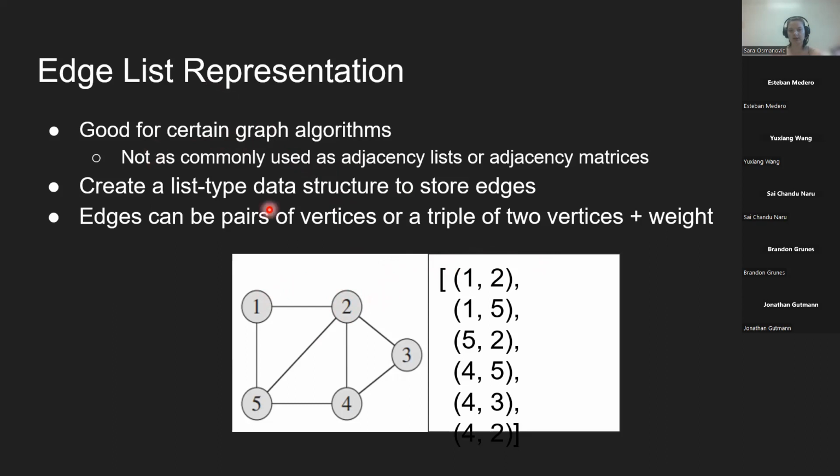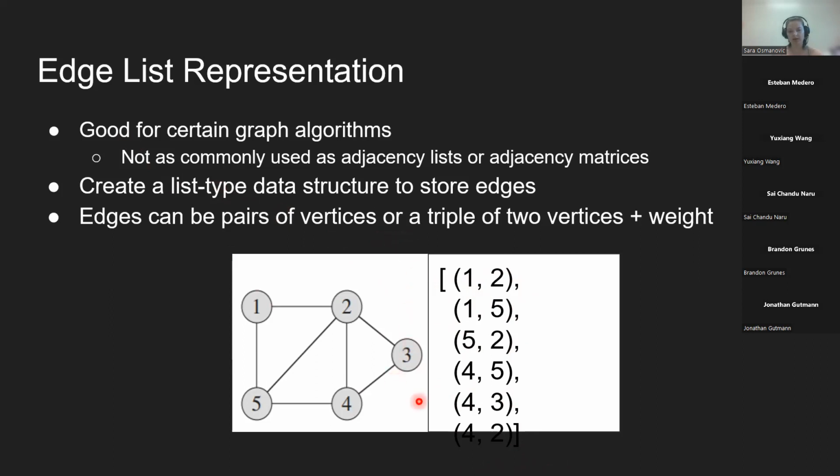This type of representation is good for certain graph algorithms. If you want to traverse the graphs, some of the algorithms will need you to represent the graph this way. So you just have a list of all the edges that exist. But it's not as commonly used as adjacency lists or matrices are.